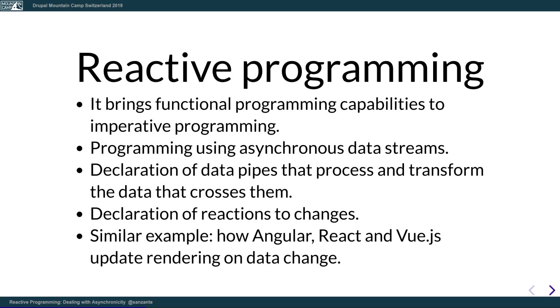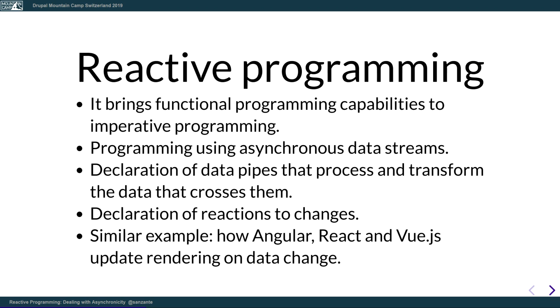So the next approach is using reactive programming. It's hard to define reactive programming. There are many definitions, and not all are good enough. You could say that it brings functional capabilities to imperative programming, as we will see in the next slides.